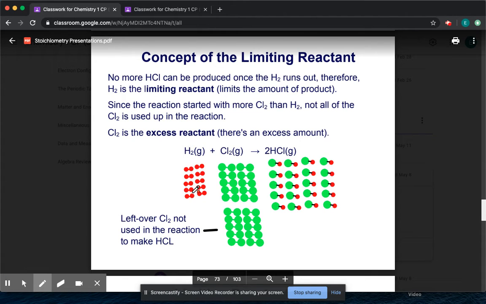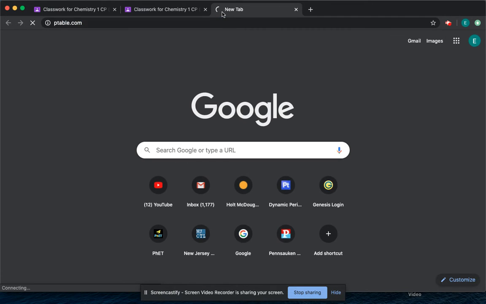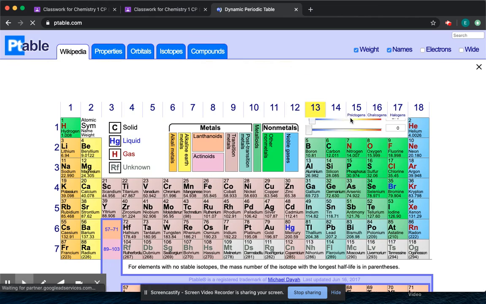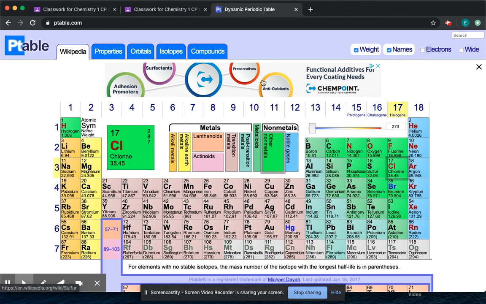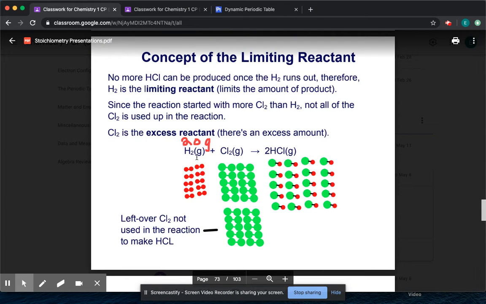So if we have 10 moles of hydrogen, that means we would only have 20 grams of hydrogen. Chlorine, the molar mass of one chlorine is 35.45, which means we can round that up to 1 mole being 71. Let's say 1 mole is 71, and we have 20 moles of that.